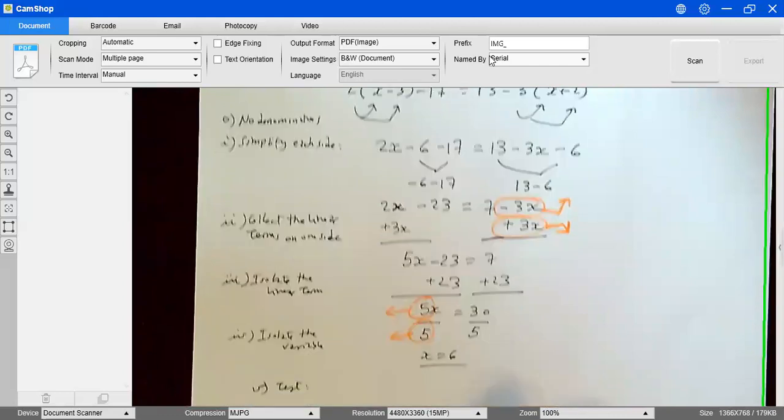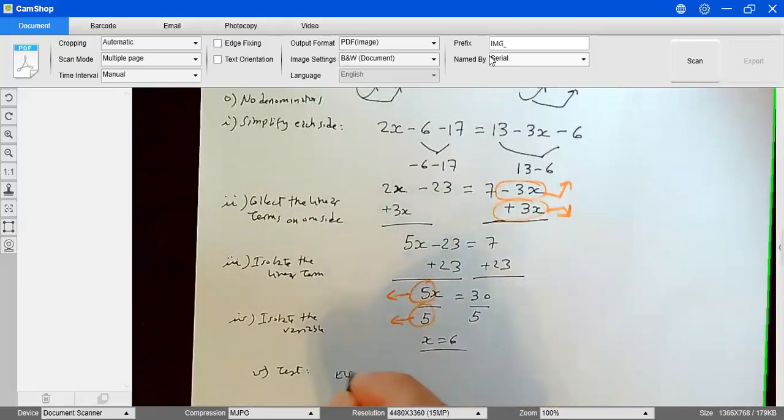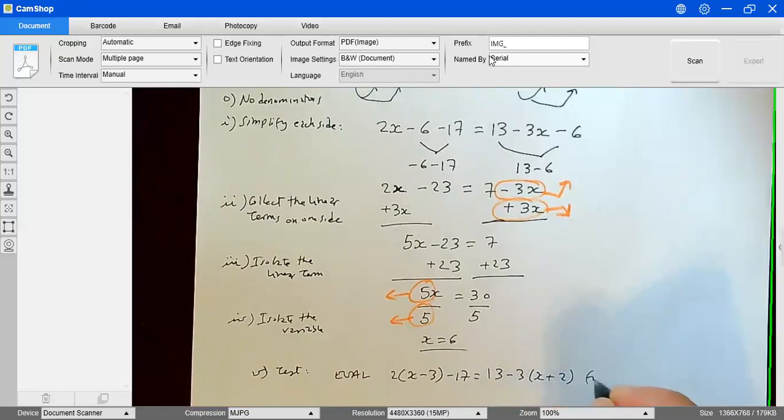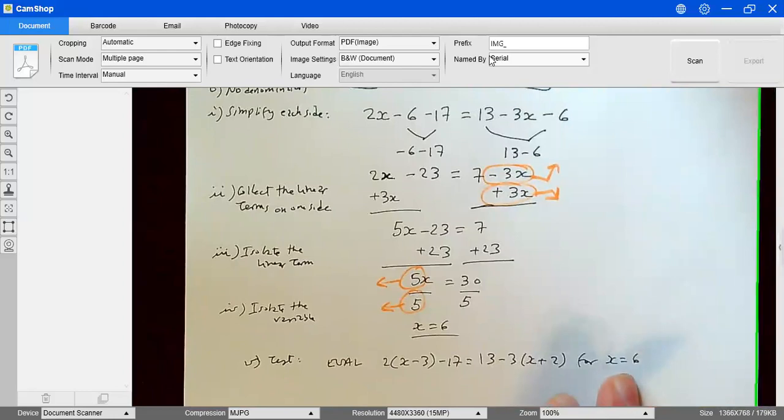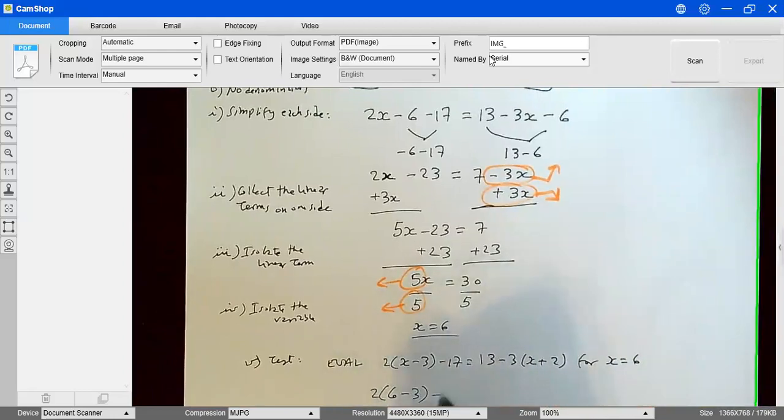The test is just going to be evaluating the original equation for the proposed solution, x equals 6. So we're going to replace every x with 6. So we're going to get 2 times 6 minus 3 minus 17. That's the left-hand side.